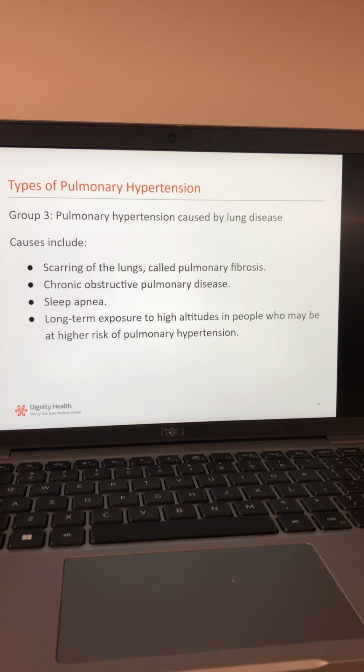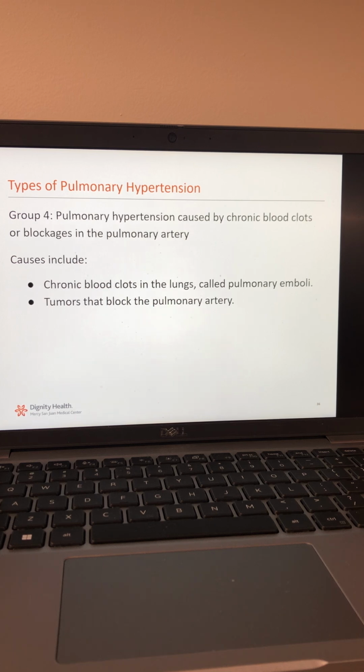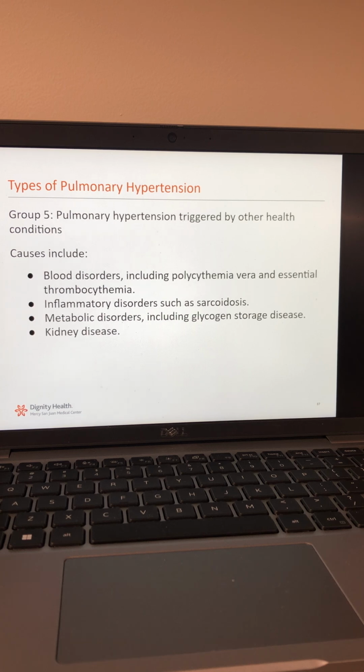Sleep apnea is a well-known cause of pulmonary hypertension. And then long-term exposure to high altitudes in people who may be at high risk of pulmonary hypertension. Type 4 is caused by chronic blood clots or blockages in the pulmonary artery. And type 5 is triggered by other health conditions.